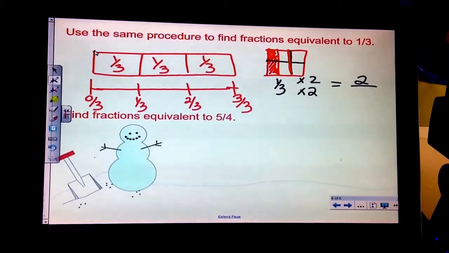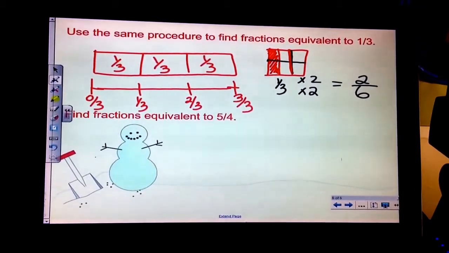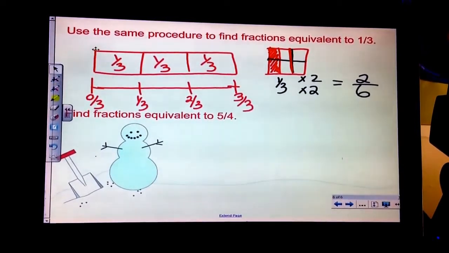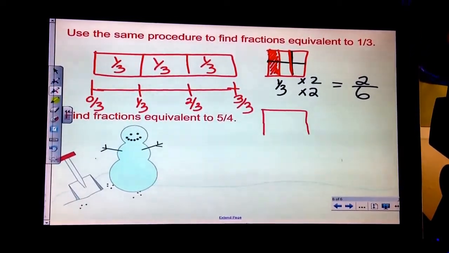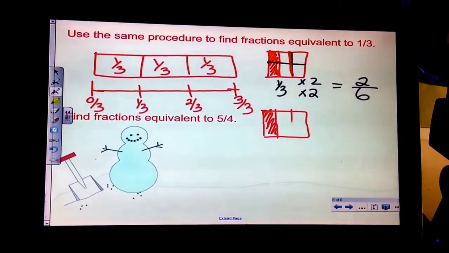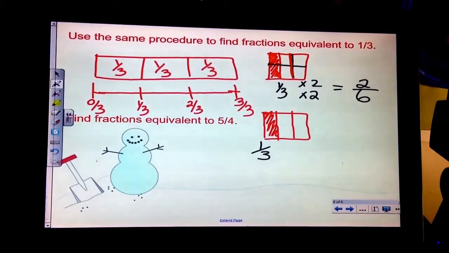So here I have 2 that are colored, and then I have 6 parts total. So that makes that 2/6. I can also look for another one that would be equivalent. So there's my 1/3.